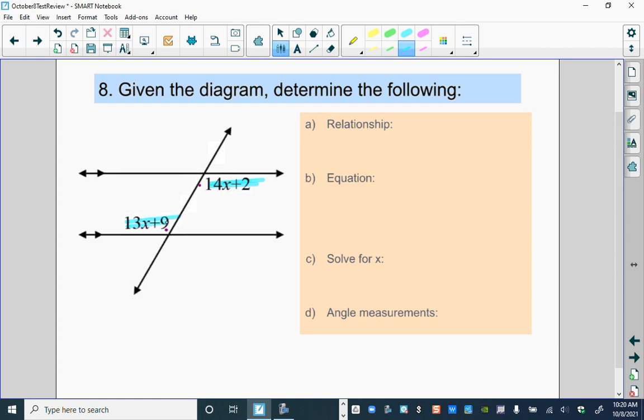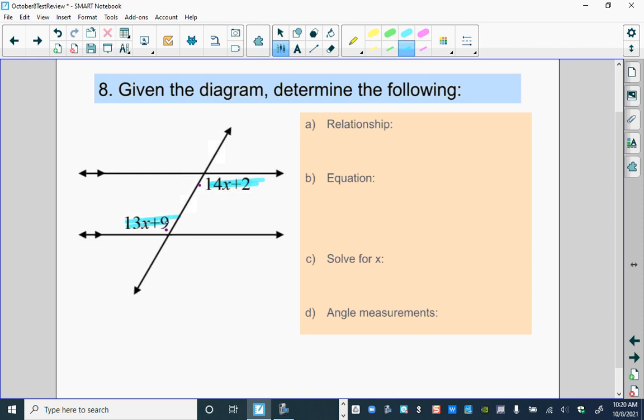Look at their location. First off, they're both inside. That's a good start. They're both inside. Alternate interior. Why alternate interior? They're on opposite sides and inside. Bingo! That's a winner. That's alternate interior. You got it, Jason.